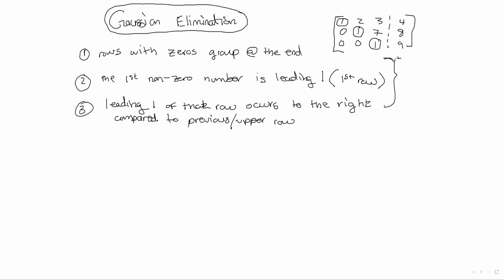This whole thing, these 3, there's an example of these 3. We call the matrix to be in row echelon form, right?